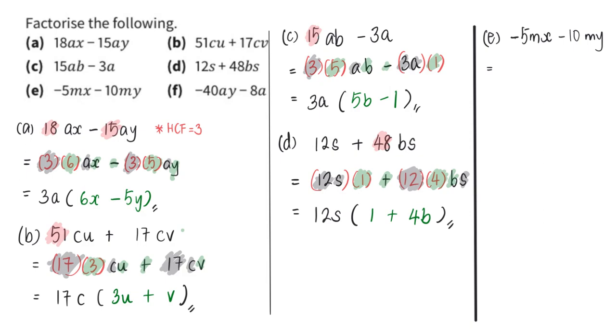So for this question, you will see Mr. Tan rewriting negative 5mx as negative 5 times 1 mx. I will rewrite negative 10my as plus negative 5 times 2.